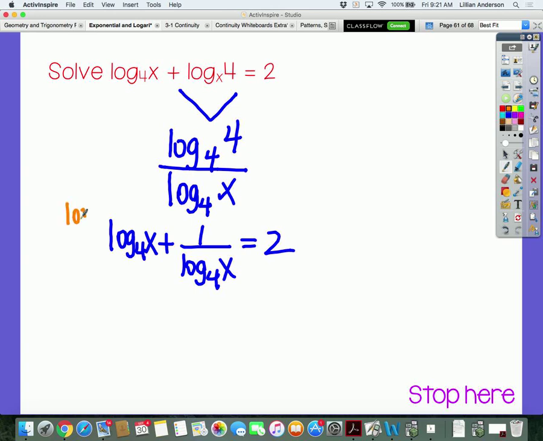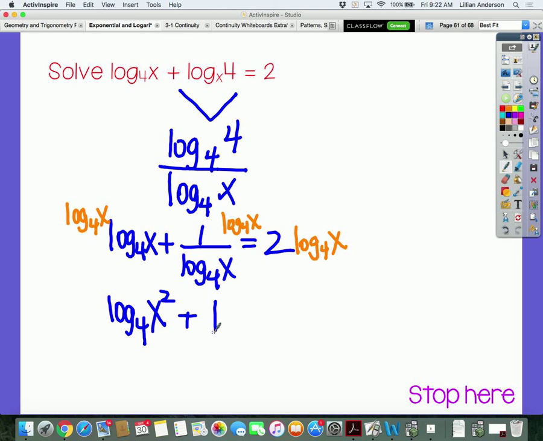That means this is going to be multiplied, this is going to be multiplied, and even this is going to be multiplied. Now log base 4 of x times log base 4 of x is log base 4 of x squared. Here, your log base 4s are going to cancel out and you're just left with a 1. And that's going to equal 2 log base 4 of x.